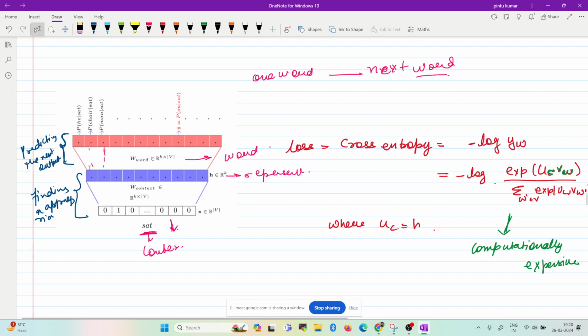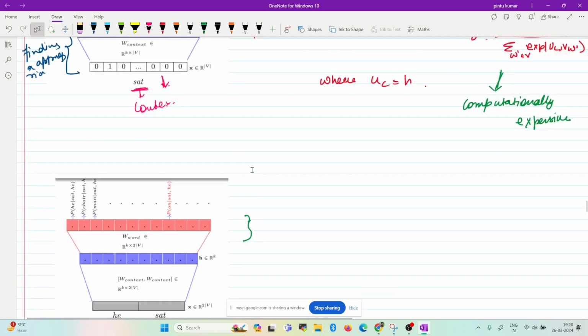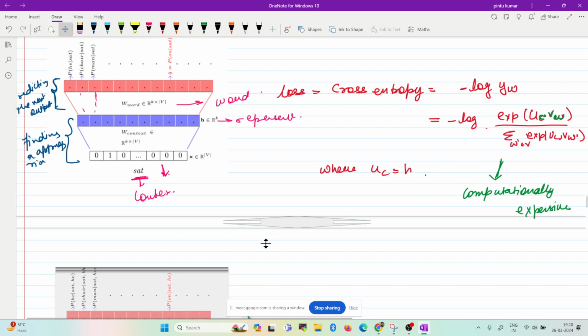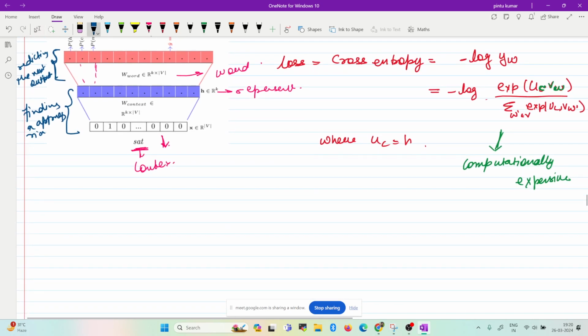So this is one thing. I'll try to explain this in slightly more detail. Whenever you have a neural network, let's say this is your first layer and this is your second layer, you can write these weights in the form of a matrix.